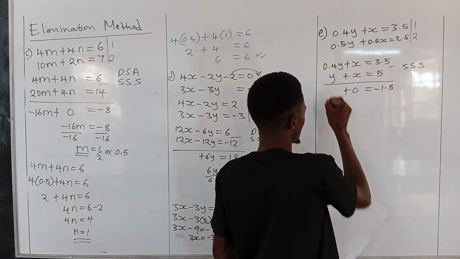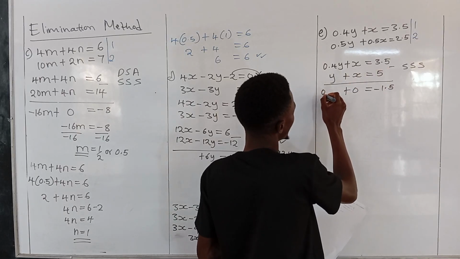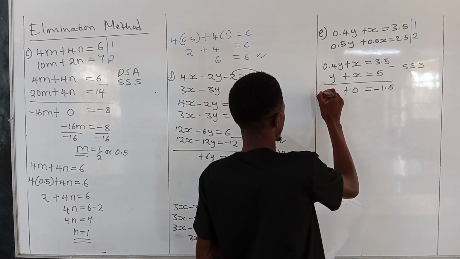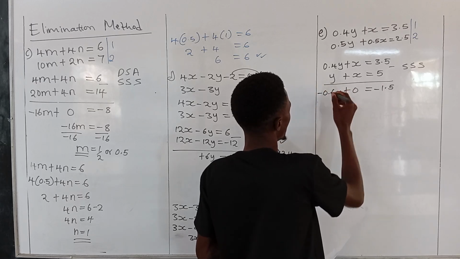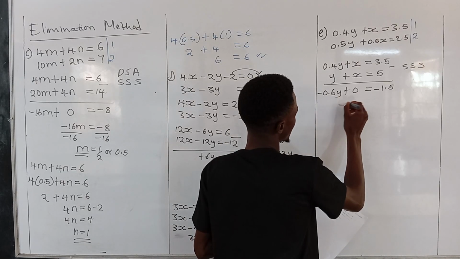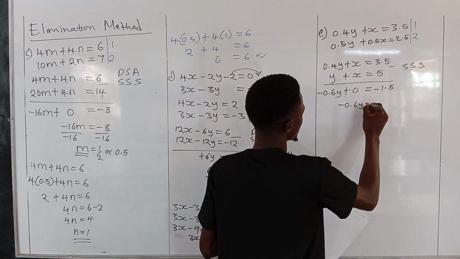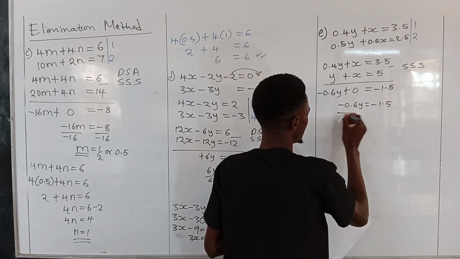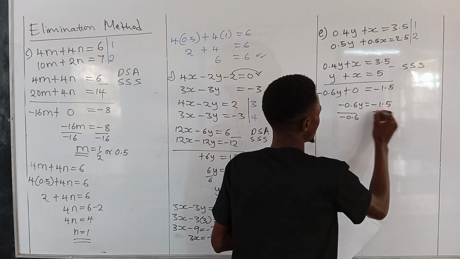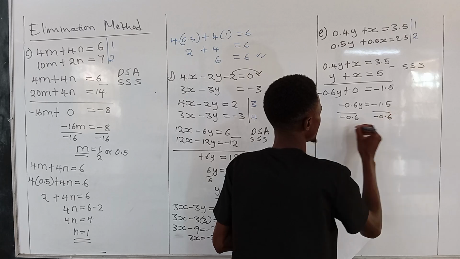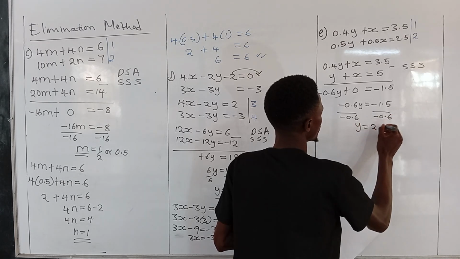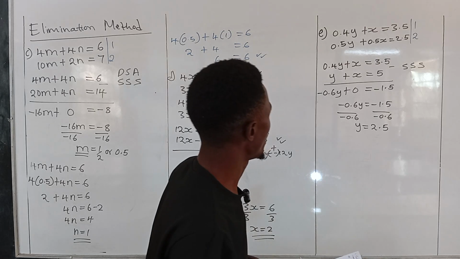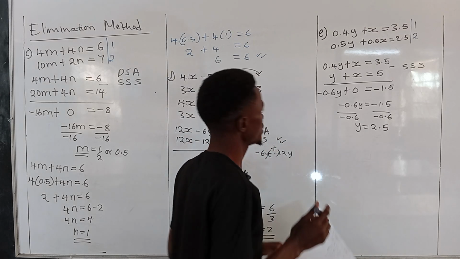Then 0.4y minus y is going to give us minus 0.6y. So minus 0.6y is equal to minus 1.5. Divide by minus 0.6, divide by minus 0.6. y is equal to 2.5. Our value of y is equal to 2.5.